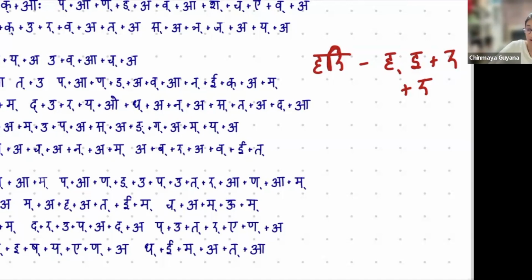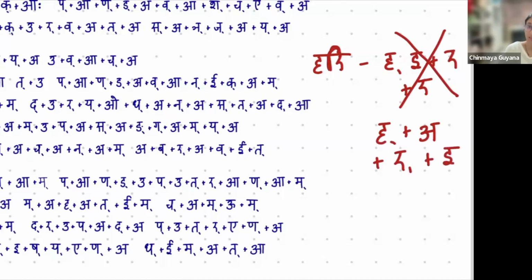Okay? So this is wrong. It is hahalant plus a plus rahalant plus i. I hope everybody sees that very clearly. This is what I mean when I say you break up all the sounds.